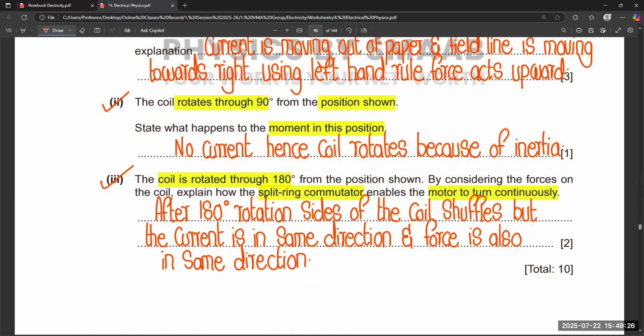Only the sides of the coil shuffle, and the direction of current and direction of force remain the same.